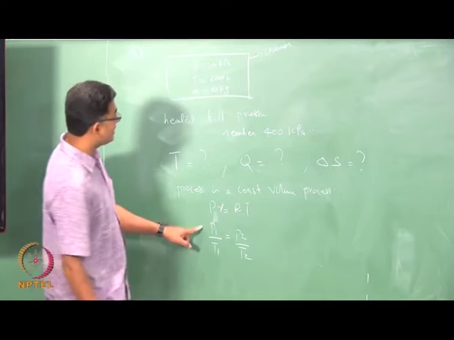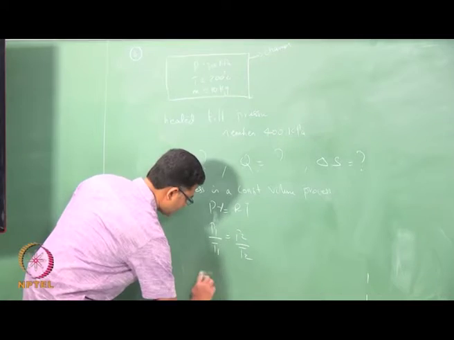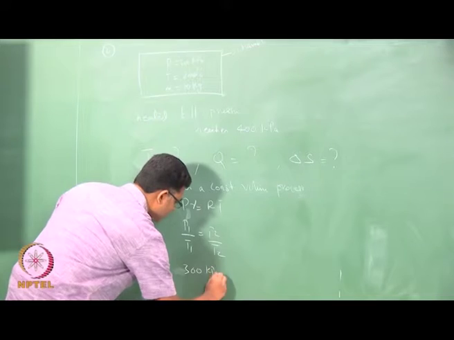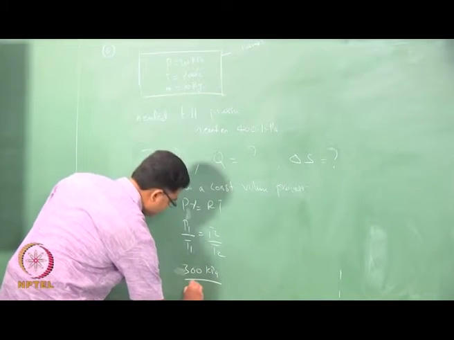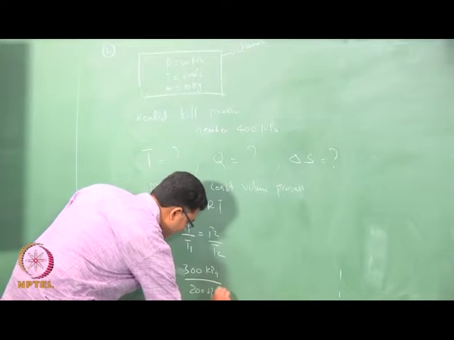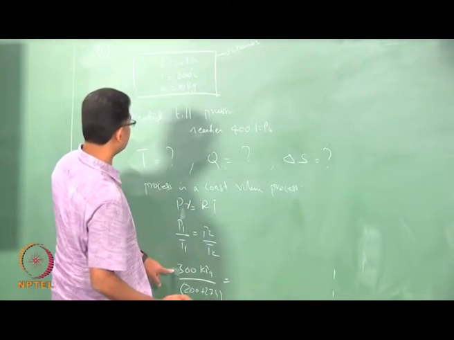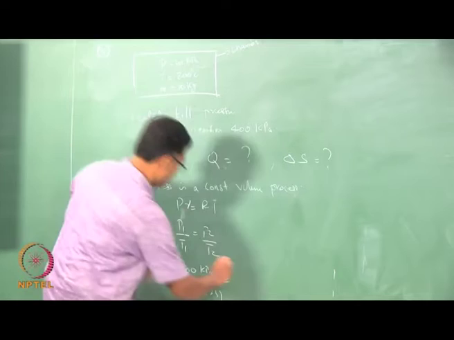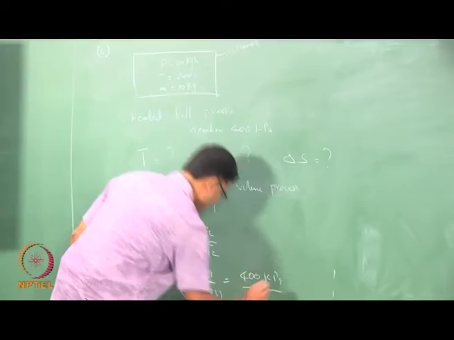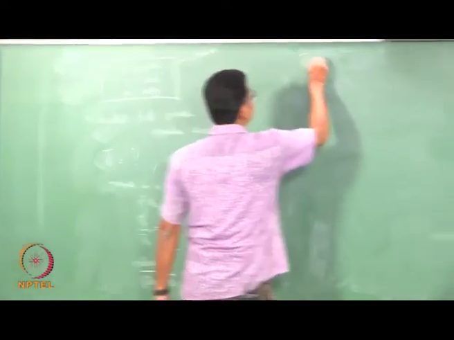So, now you have P1, you have P2, you have T1, find T2. Okay, so, P1 is 300 kilopascal by 200 plus 273 Kelvin equals P2, 400 kilopascal, divided by T2. So, you can find your T2.